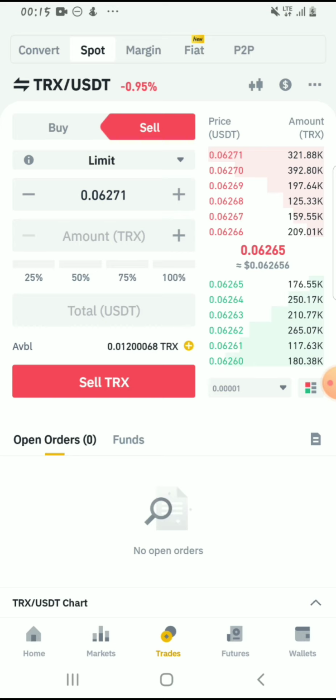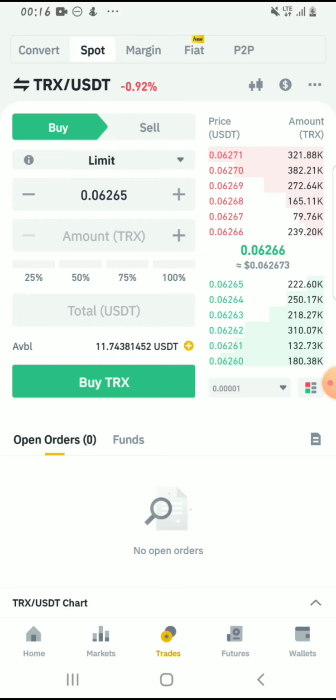Why? Because I set a limit order at exactly 0.06271. So the order won't be executed. Your order has to wait until the market actually comes to that price, and then it completes.